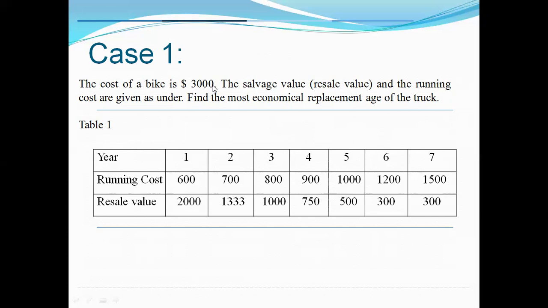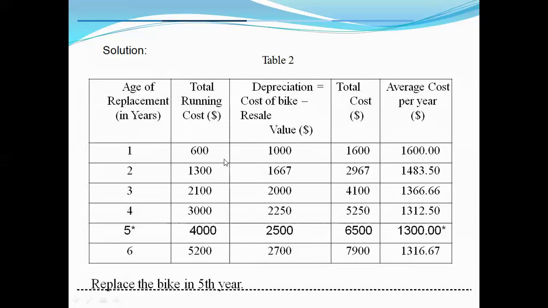The cost of the bike is 3000, so 3000 minus the resale value in the first year, which is 2000, so 3 minus 2 is 1000. So running cost is 600 and depreciation is 1000. Next is the total cost. So what is the total cost? The total running cost plus this depreciation. So 600 plus 1000 leads to 1600. So the average cost per year in the case of the first year is 1600.